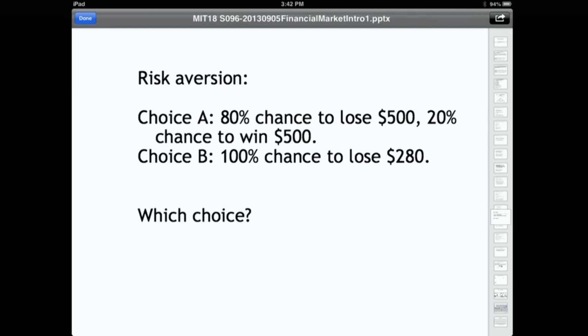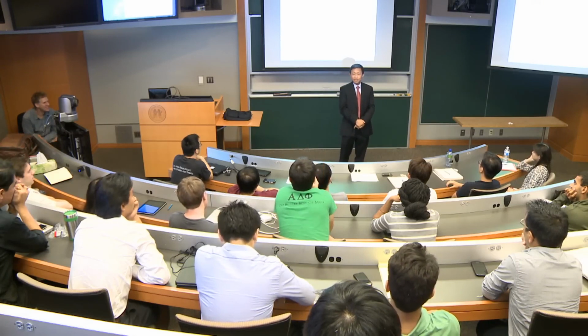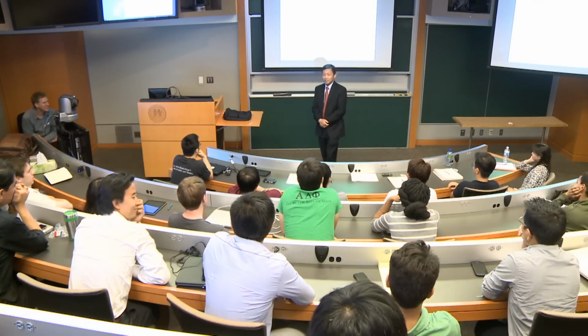Let me ask you, whoever likes to choose choice A, please raise your hand. About 6 out of, say, let's call it 50. Okay. Can I ask you why you think choice A makes sense?